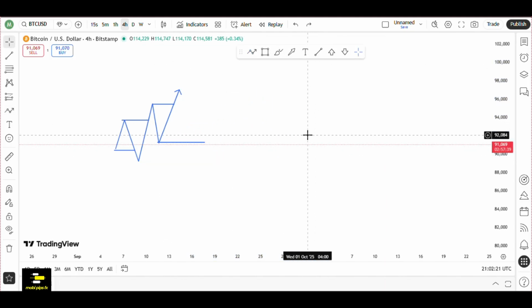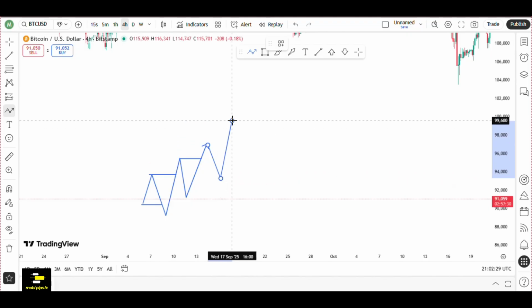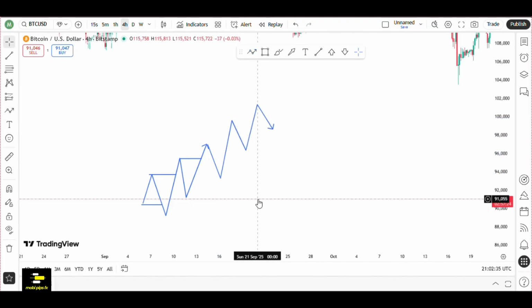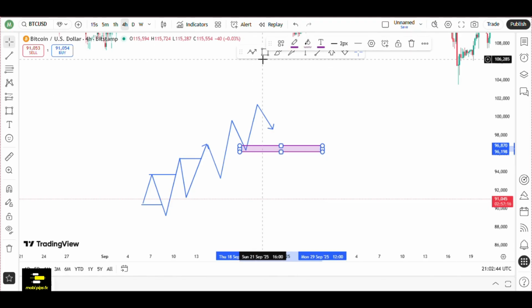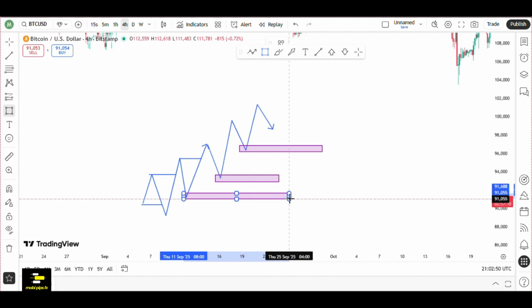So let's say, for example, you have something like this. How will I know which zone to take my buy from? Is it here? Is it here? Or is it here?